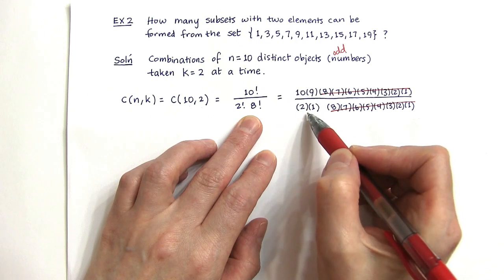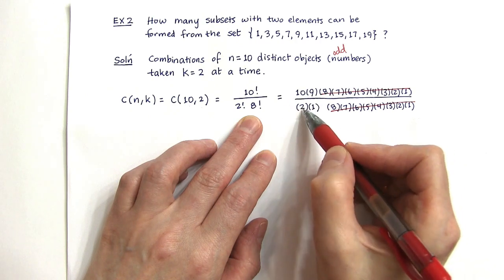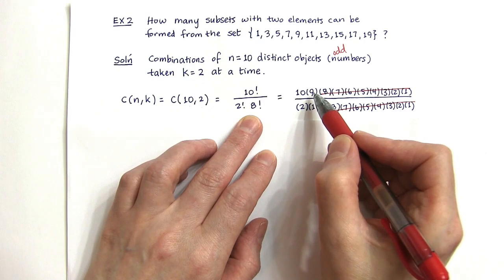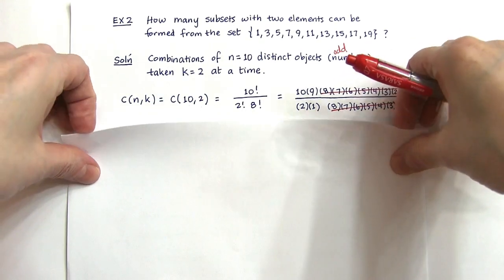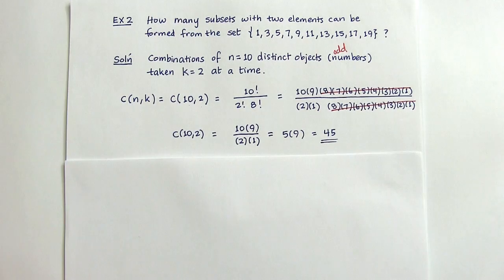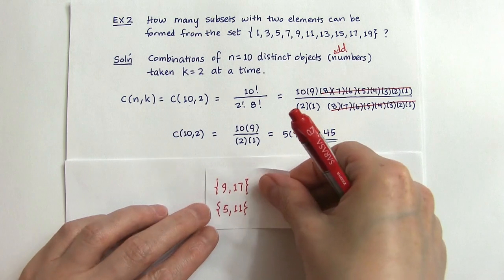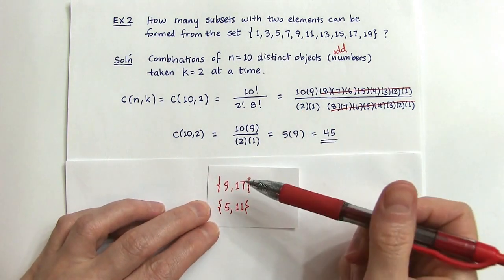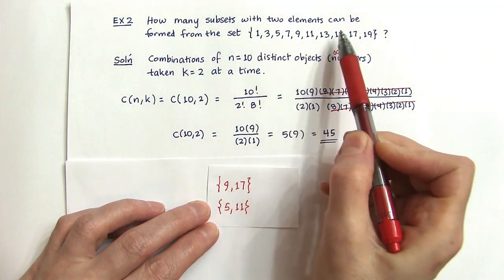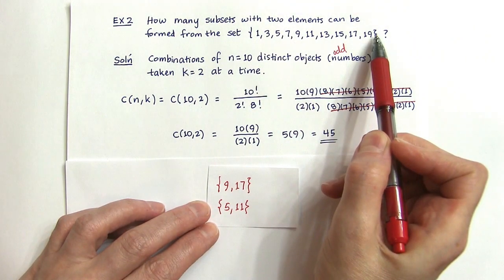Very easy to compute this number. 10 over 2 is 5, and 5 times 9 is 45. And so the answer is that there are 45 sets just like this that you can make from this set of 10 odd numbers.